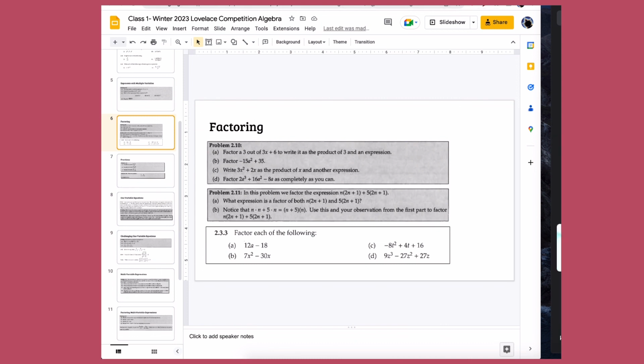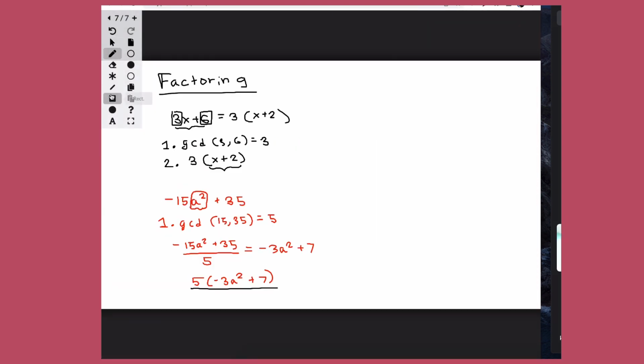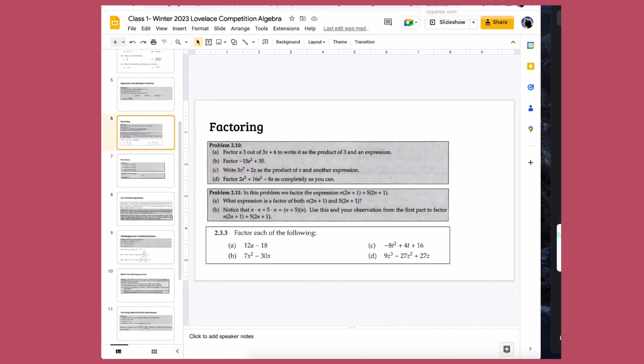Okay, so I see some of you guys are getting in the chat. So these look more intimidating, but they're basically the same thing that we did before. We can just continue to take the GCD and do it that way.